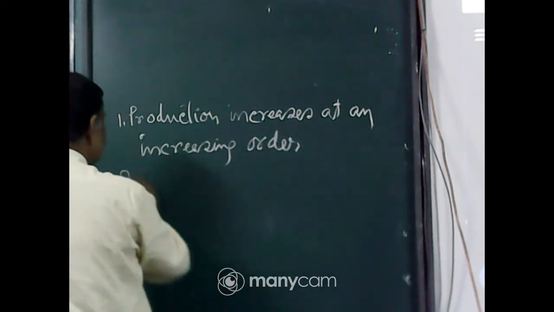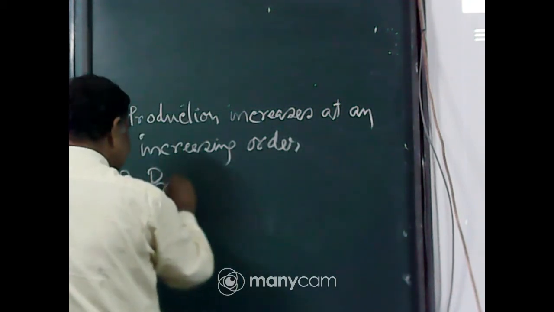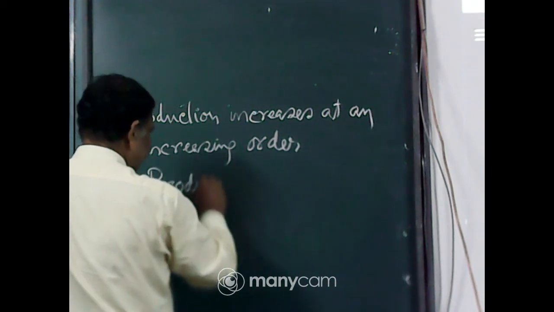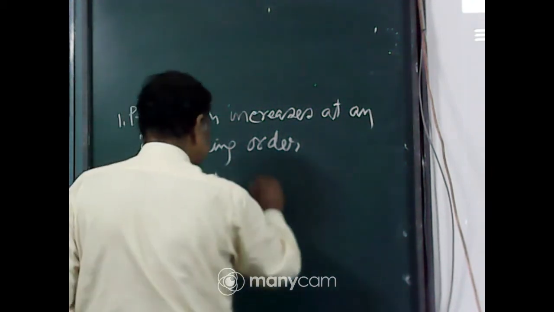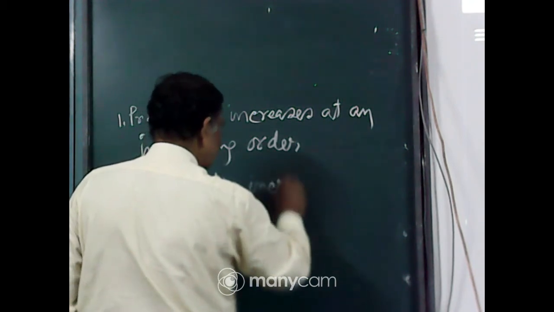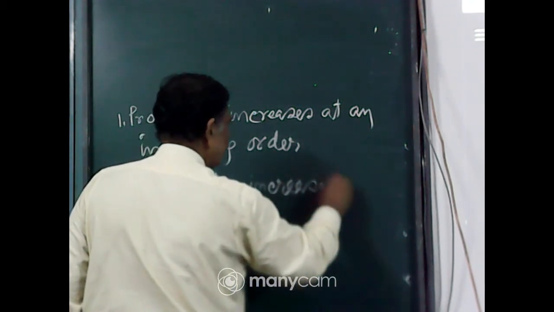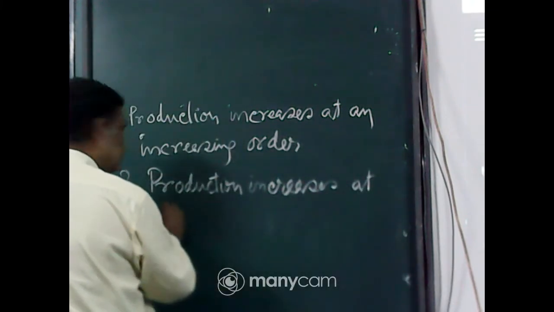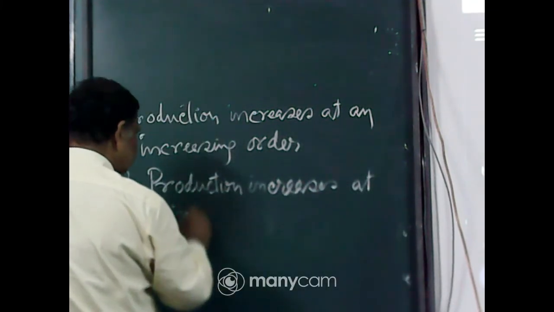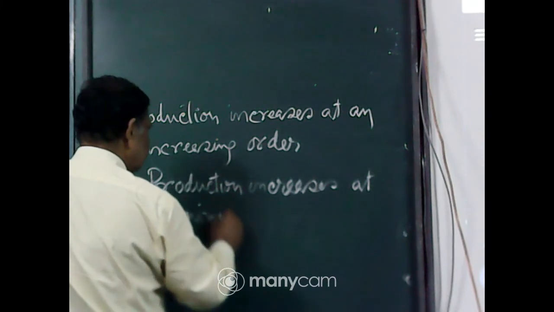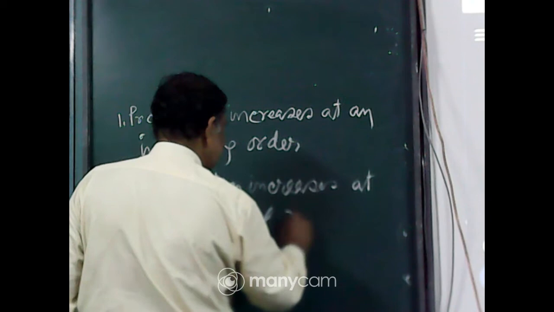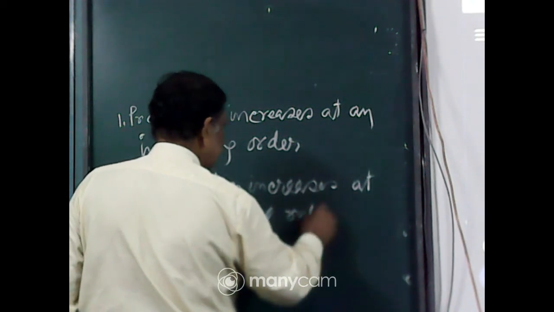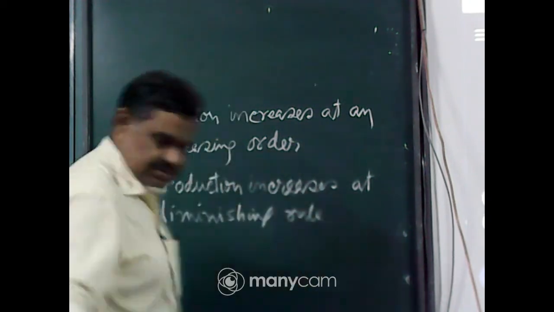Then stage 2, production increases at diminishing order, or diminishing rate, we may say. Rather, rate is appropriate word.